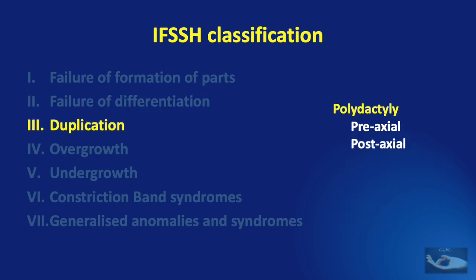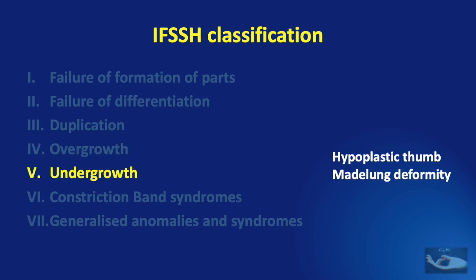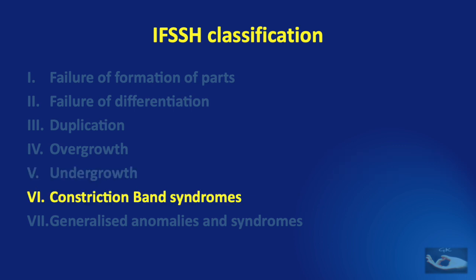Duplication was the category under which polydactyly was included, which could be either preaxial polydactyly or postaxial polydactyly. Overgrowth included macrodactyly of the fingers. Undergrowth could include the hypoplastic thumb or the Madelung deformity. Constriction band syndromes had their own unique features and were included in a special category for themselves.